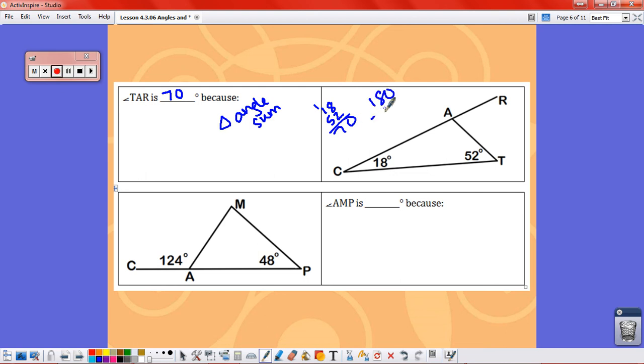180 minus 70 is 110. So this is a 110-degree angle. Now we have supplementary to angle CAT.